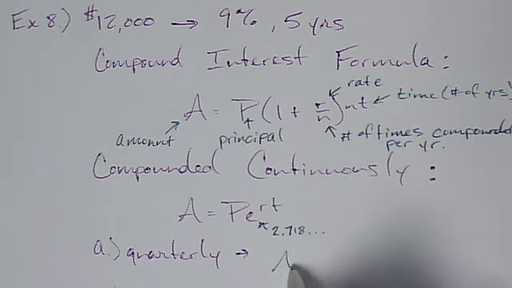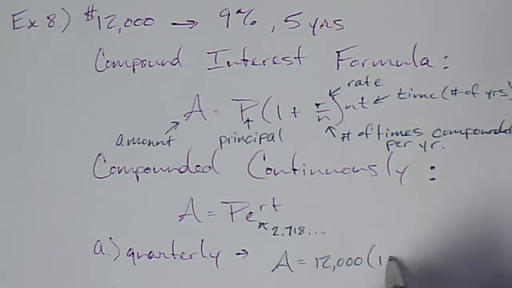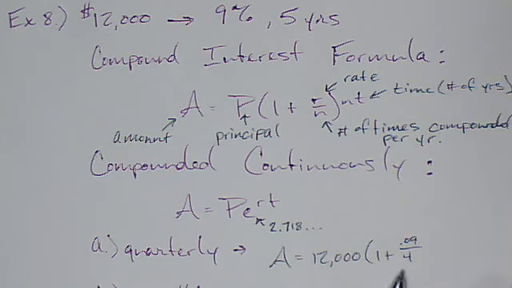Then you would just say that A is equal to the principal, 12,000, 1 plus your rate is 9%, so we'll say 0.09. Because it's compounded quarterly, which is 4 times per year, then we're going to say that your N is 4. And that'll be to the 4 times your number of years.